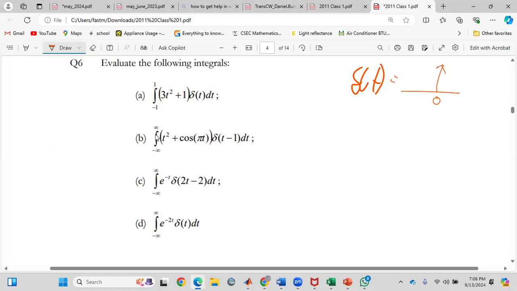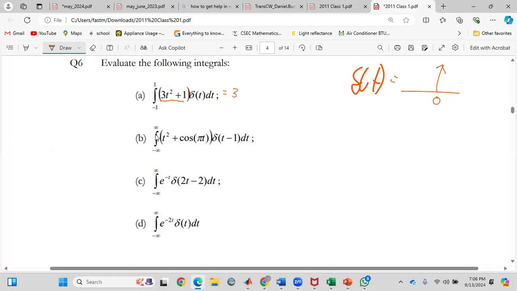So you have to time shift it to get different points. If you want it at 1, you have to do t minus 1, and so on and so forth. So this one plugs 0 into the function. Remember, when you multiply by the impulse, it will just fetch the value at that specific point.